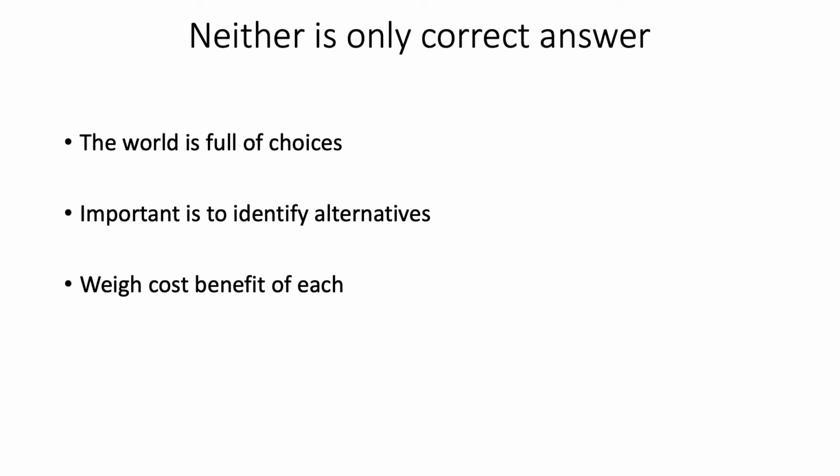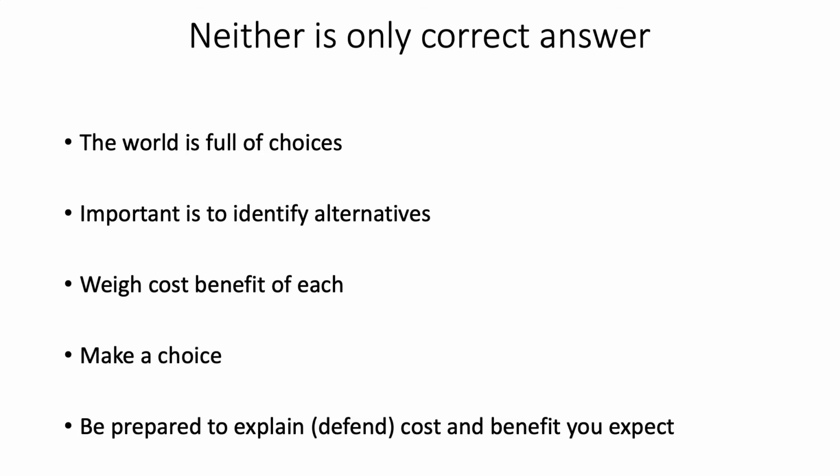There's nothing worse than somebody that weighs and weighs and weighs, and they think, well, tomorrow they might get better. The old thing that the Army said was go left, go right, go ahead, go back, but get out of the road. And so after you've finished weighing them, make a choice, and then be prepared to explain and defend the costs and benefits you expect.